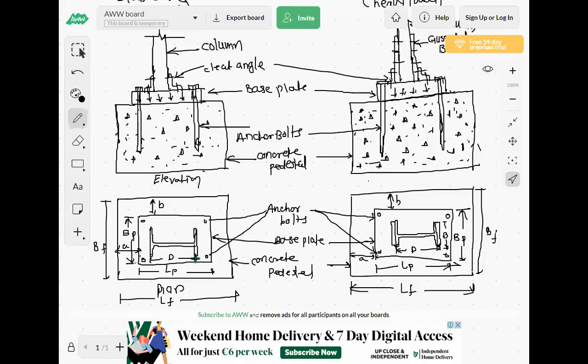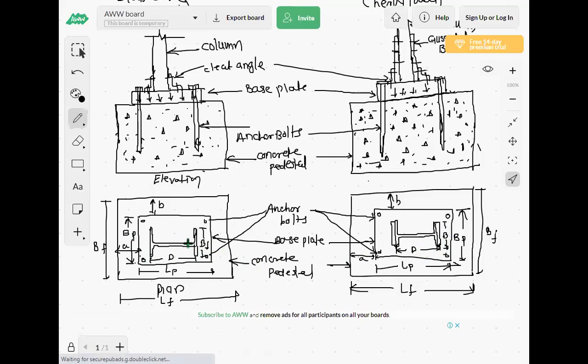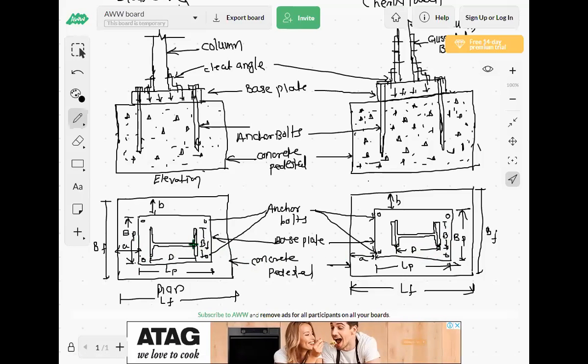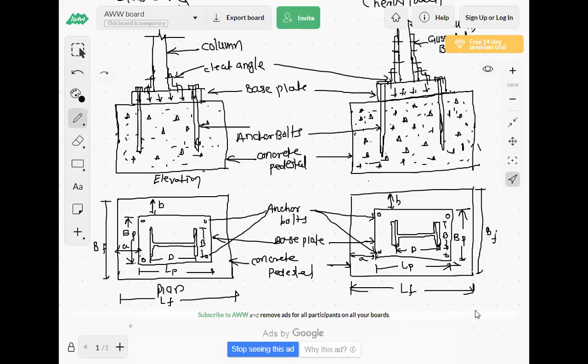Here again, this is the depth, and this is B or BF, we are calling it the width of the flange of the I section. So now, have you drawn this?